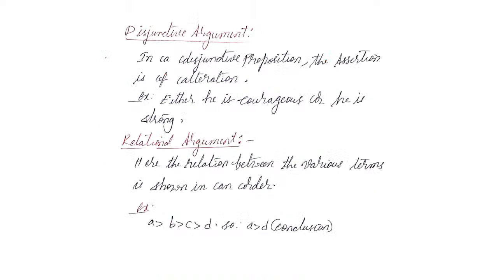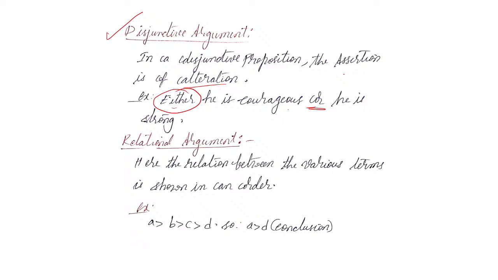Next, what is a disjunctive argument? In a disjunctive proposition, the assertion is of alteration. The key of a disjunctive argument is either-or. Either he is courageous or he is strong. Okay, this is the disjunctive argument.